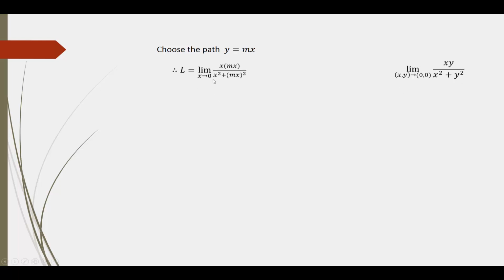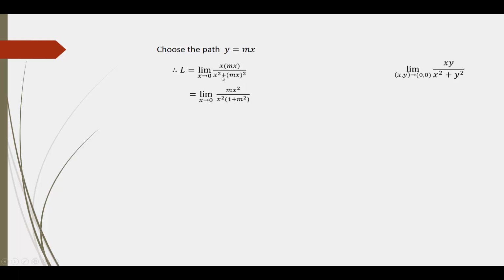So L equals the limit as x tends to 0 of first term x, now y is m x, so x into m x, divided by x square plus y square, where y is m x, so m x whole square. Now simplify this. We get the limit as x tends to 0 of m x square upon x square, common from both terms, because the first term is x square and the second term is m square x square.